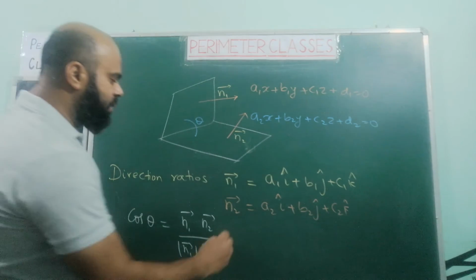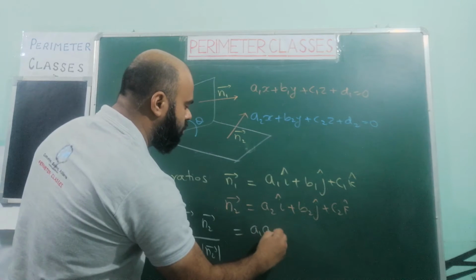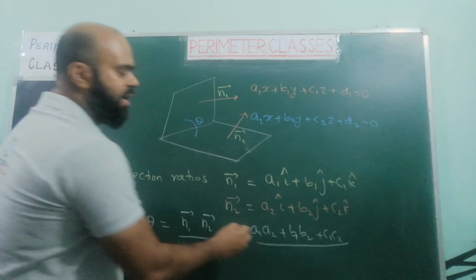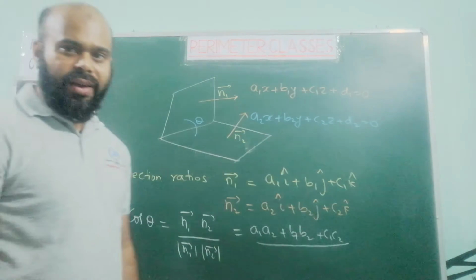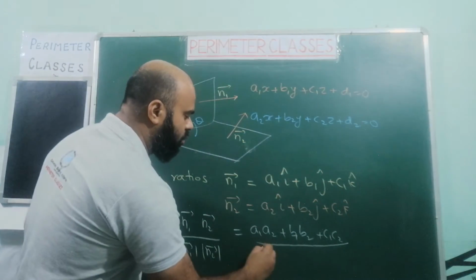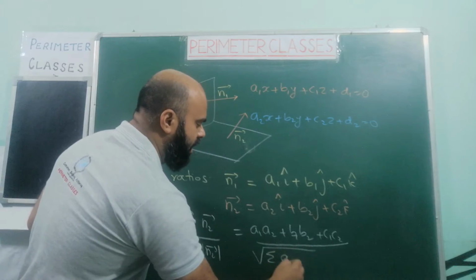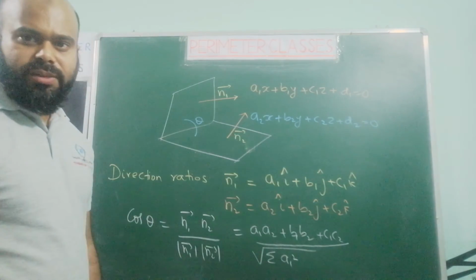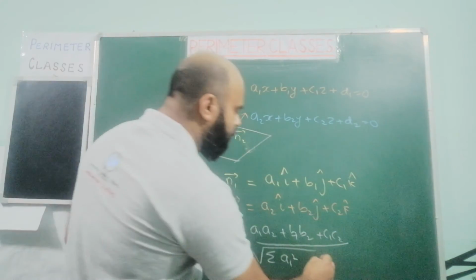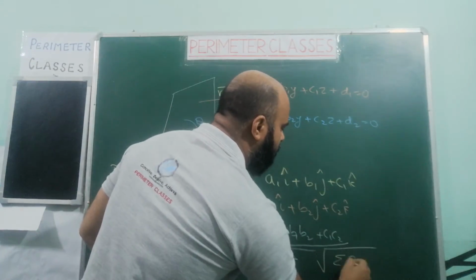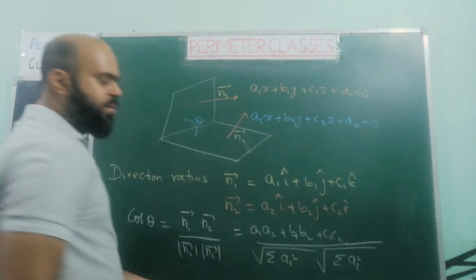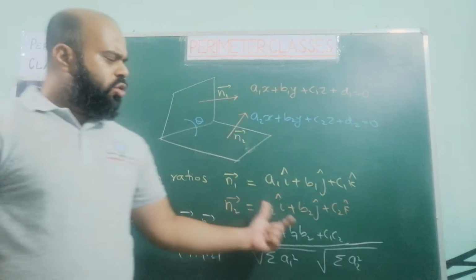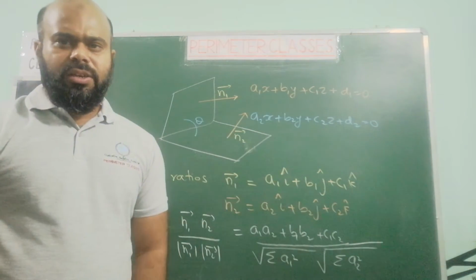So we can write it as a1 a2 plus b1 b2 plus c1 c2 after taking the dot product component wise, and the magnitude over here is root over a1 square plus b1 square plus c1 square, and here root over a2 square plus b2 square plus c2 square. So this is how we can find the angle between two planes.